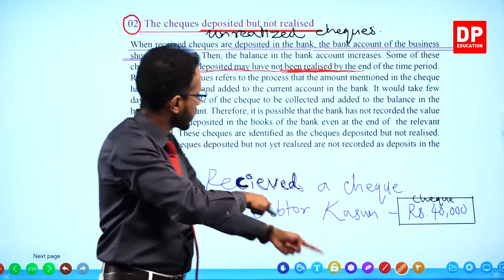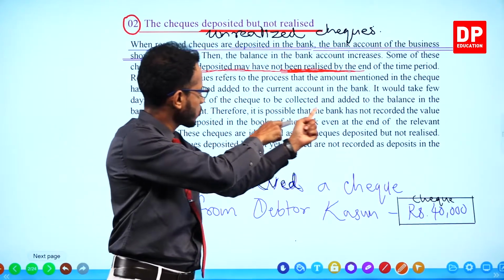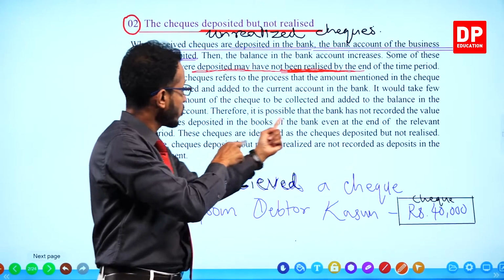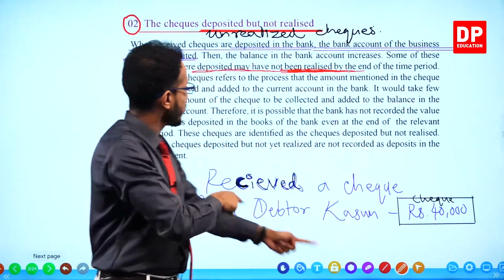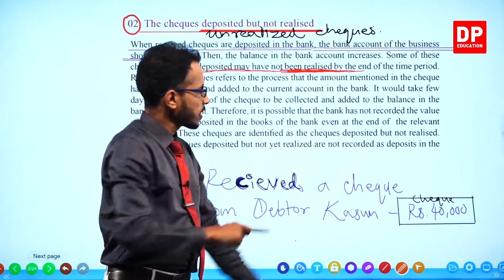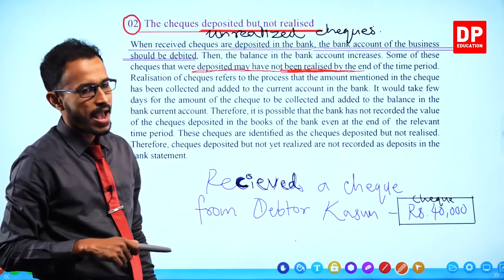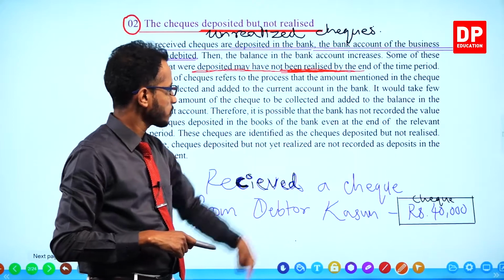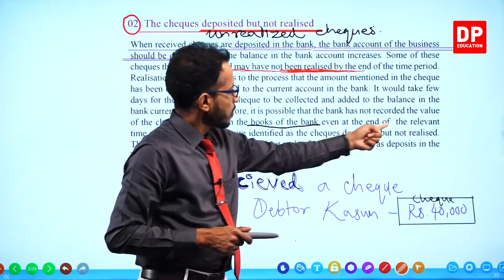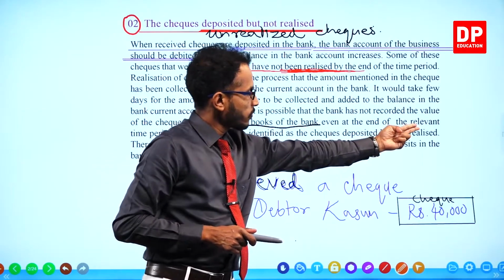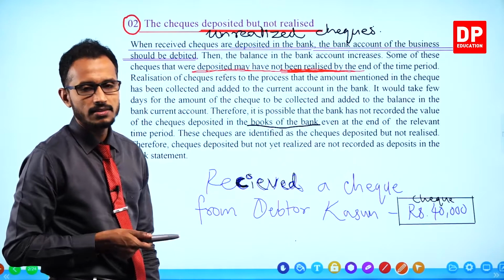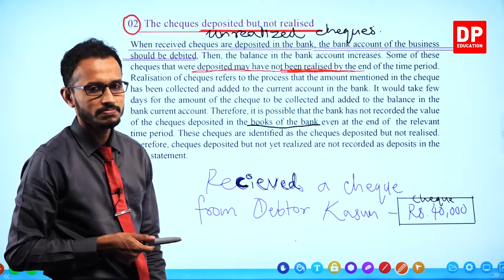It would take a few days for the amount of the check to be collected and added to the balance of the current account. Therefore, it is possible that the bank has not recorded the value deposited in the bank statement, in the books of the bank, even at the end of the relevant time period, just like I explained.